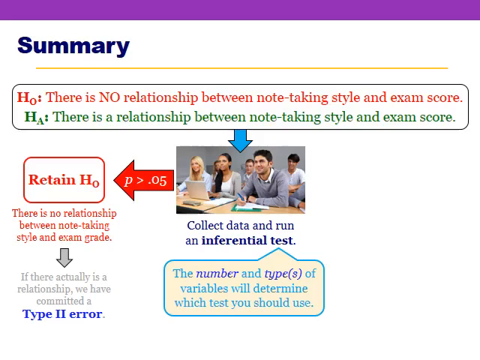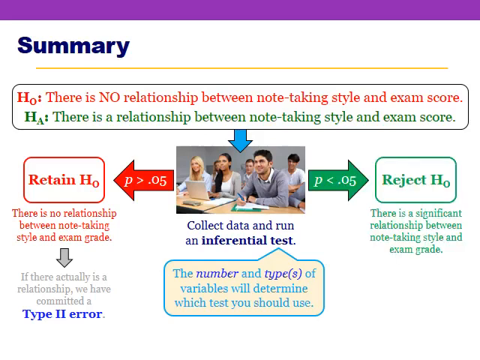The other possible outcome is if we find a very small p-value, a p-value of less than 0.05. In that case, we are going to say that there is strong evidence of a difference or relationship. We're going to reject the null hypothesis, and our conclusion is going to be that there is a significant, notice there's that word again, there is a significant relationship between how you take notes and the grades you get on the exam.